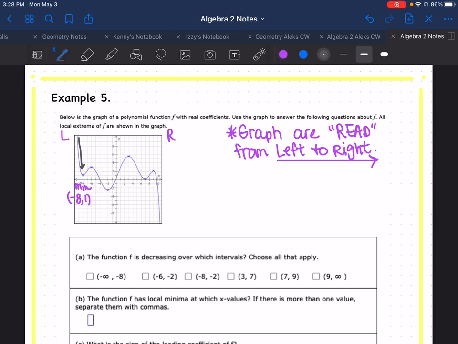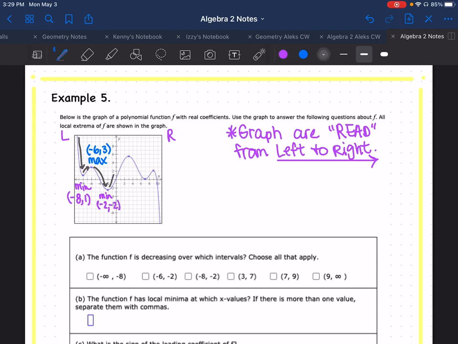Then my graph is going to turn and increase to this point, which happens to be a local maximum, at the ordered pair -6, comma 3. Then it turns and decreases to this point, which is a minimum at the ordered pair -2, -2.